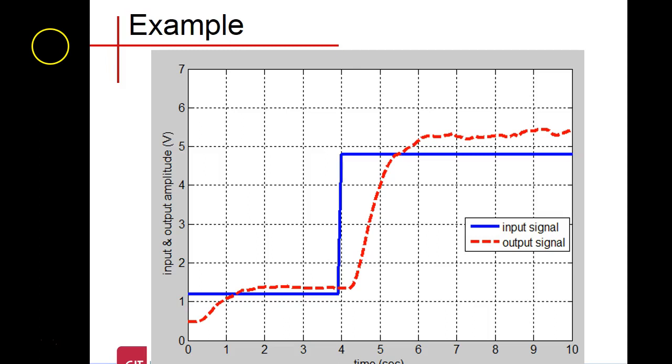So it's the 2.5 on top of the 1.3. Looking at the time it takes my output to change by 63%, the initial amplitude is 1.3, the change is 2.5, so the total amplitude I'm looking at is the sum of those two, 3.8.